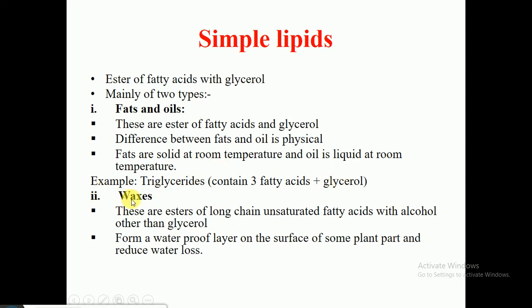And here waxes can be defined as the ester of long chain unsaturated fatty acid with alcohol other than glycerol. So waxes are the ester of long unsaturated fatty acids, to which further saturation is possible.